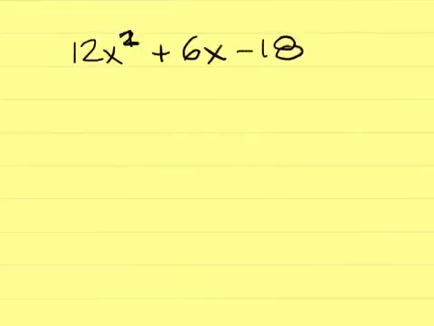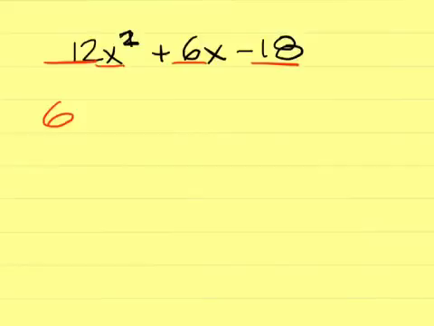On this problem, you have 12x to the second, should be second, plus 6x minus 18. Now start with the numbers, 12, 6, and 18. The highest number that comes out of each is a 6. But now when you go look at the x's, notice that there isn't an x in every single term.